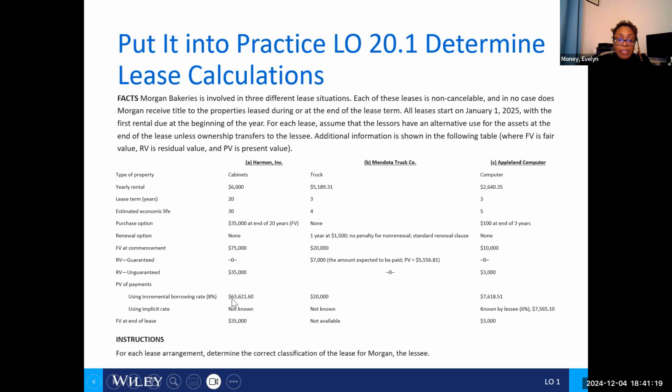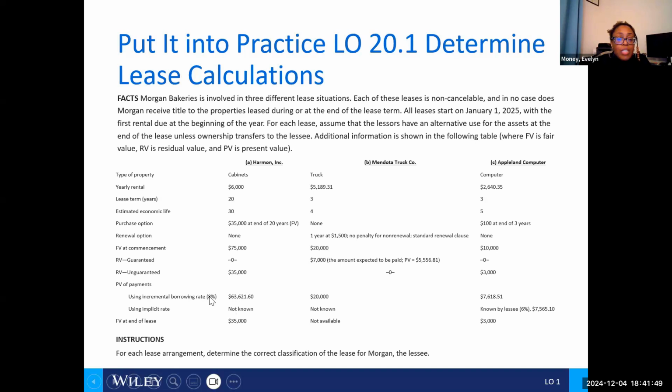It's an operating lease. Now, I could do this the long way, or I could just look at the information that's on the screen here. When I find the present value of my lease payments here, I have my yearly rental of $6,000. So I would take that $6,000 and multiply it times the present value of an annuity due for 20 years using, let's see, the implicit rate is unknown.